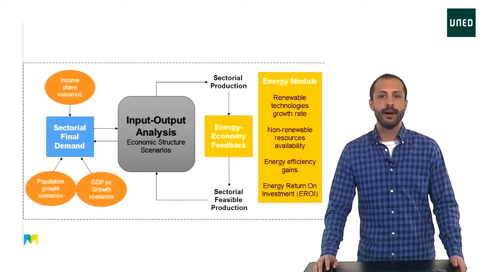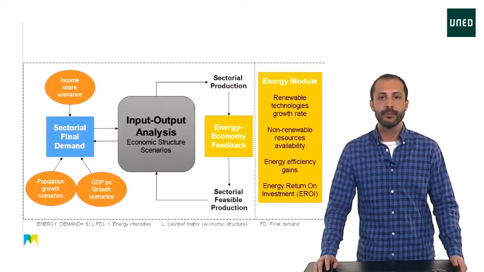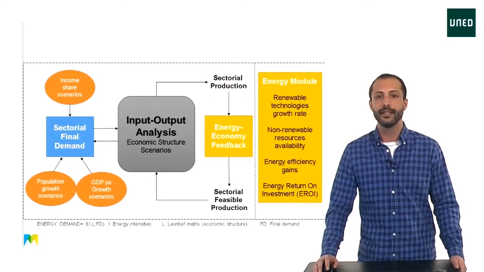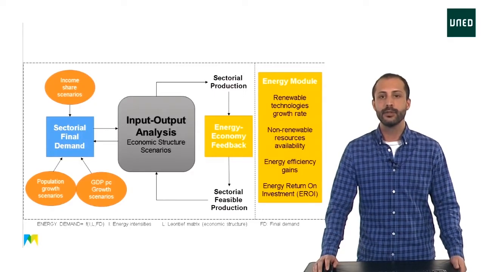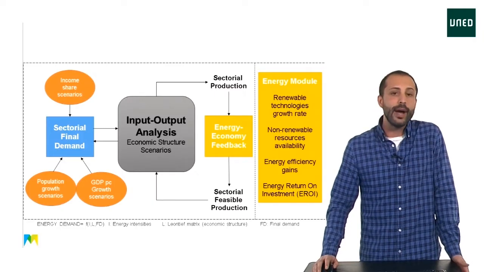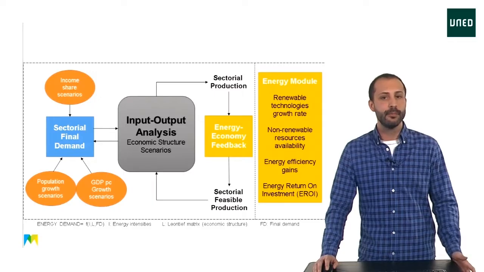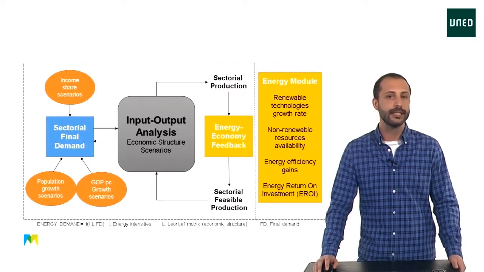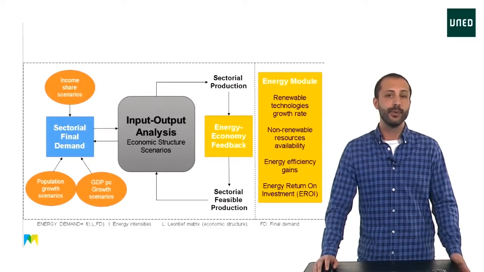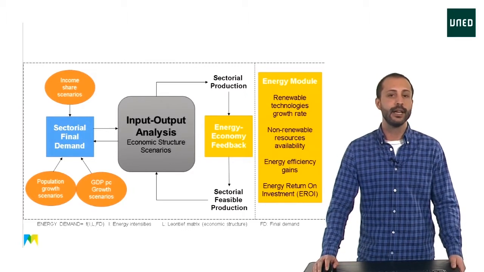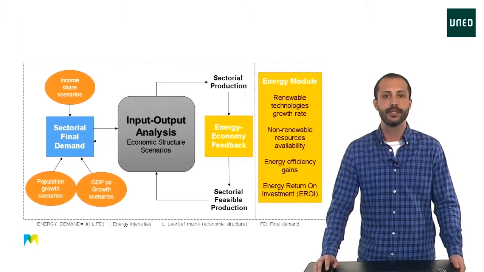This begins a backwards analysis, whereby we obtain the feasible production and demand, which at the world level is equal to GDP. So energy demand would be a function of energy intensities, the economic structure being represented by Leontief matrix, and final economic demand, which in turn, as mentioned before, is a function of income and its sectoral features.